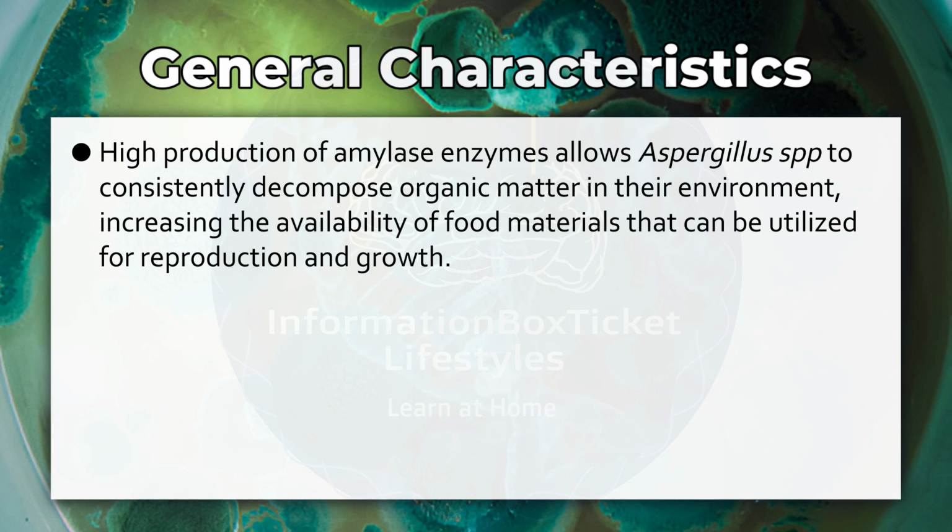High production of amylase enzymes allows Aspergillus species to consistently decompose organic matter in their environment, increasing the availability of food materials that can be utilized for reproduction and growth.